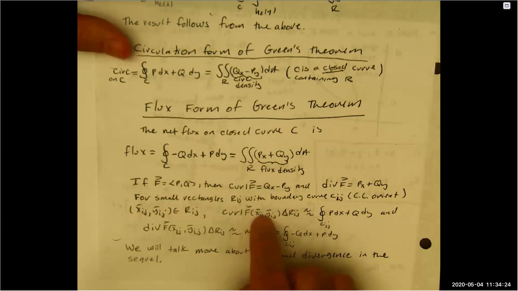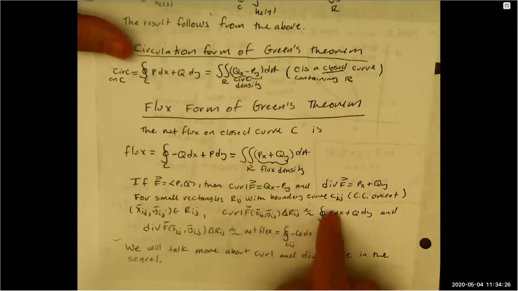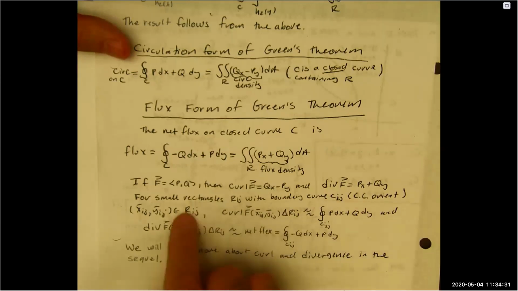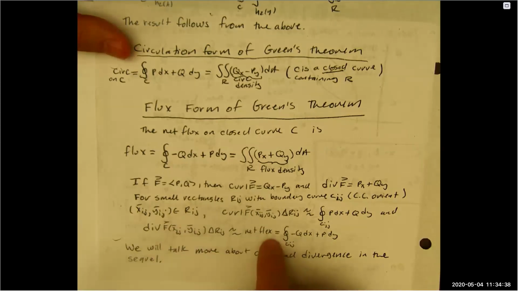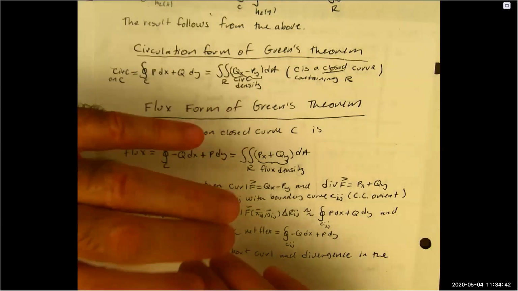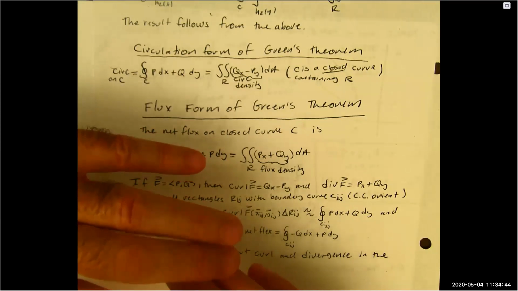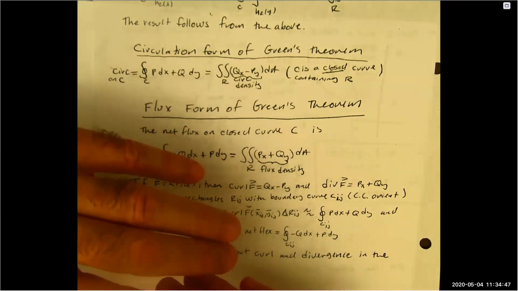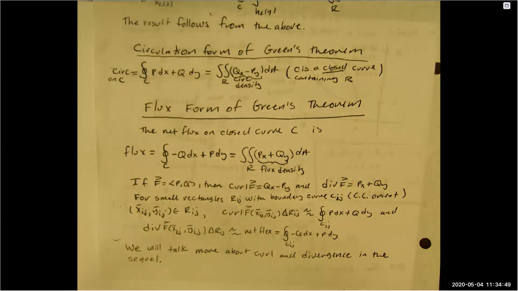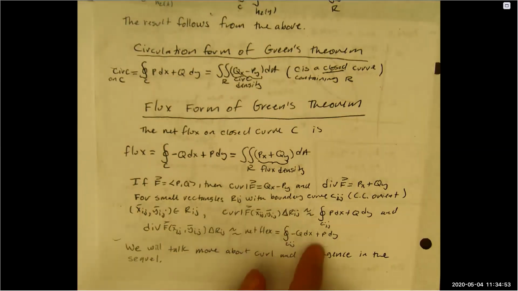So this curl multiplied by the area gives you the circulation around the boundary curve of the region. And then the divergence of F multiplied by the area of your rectangle gives you the net flux across the boundary. So if that were positive, and we're talking about droplets of water, you'd have more going out of the boundary curve from the region. We'll talk more about curl and divergence later on when we cover that section.